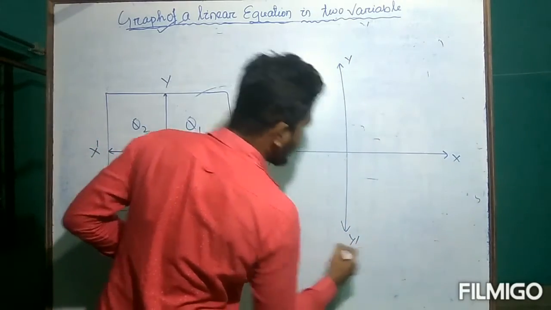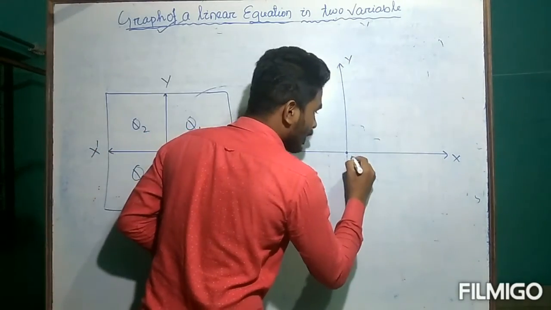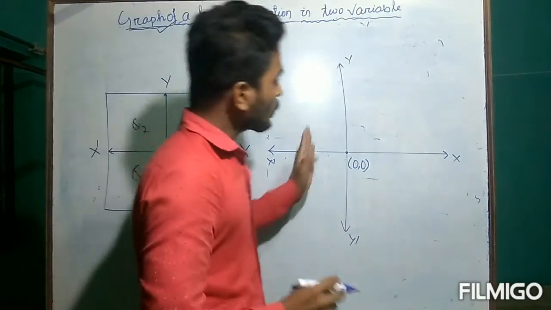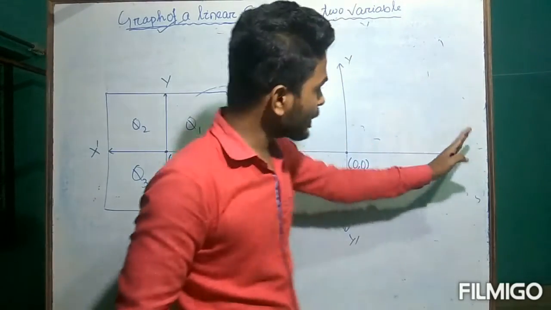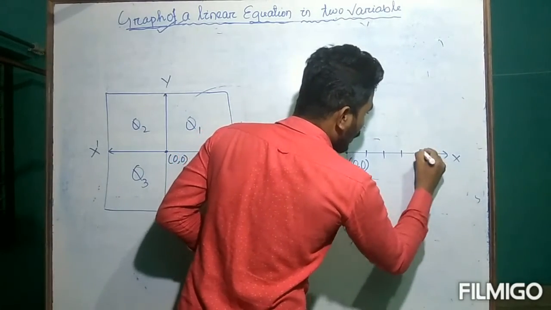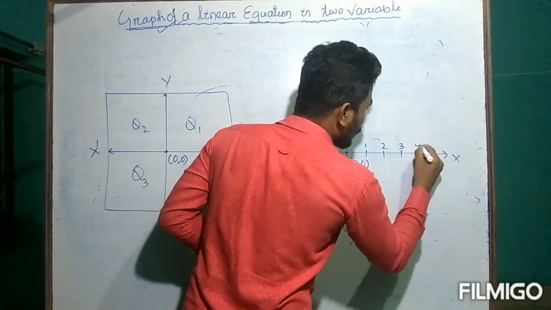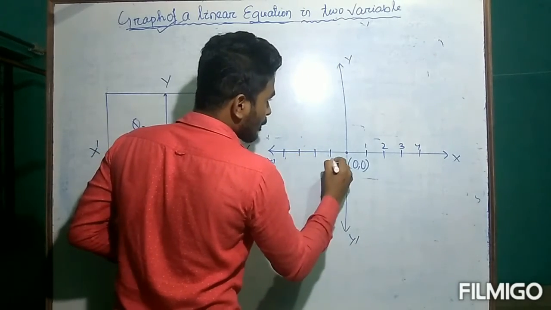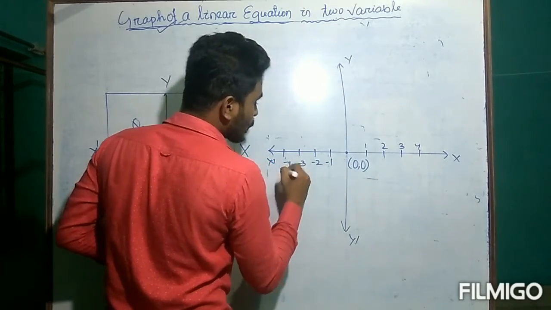Now when they meet each other, that point is known as the origin and its coordinate is 0, 0. Towards the right side we have the positive direction for the x-axis, so you can name the points 1, 2, 3, 4. Towards the left you have the negative direction of the x-axis, -1, -2, -3 and -4.